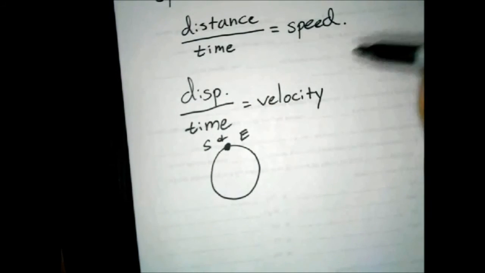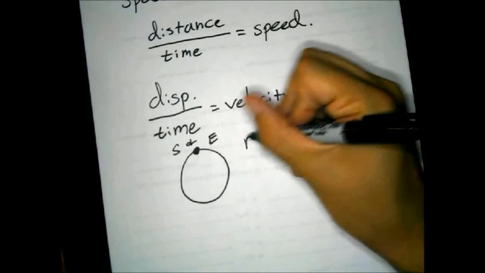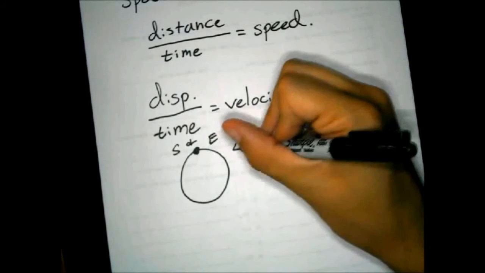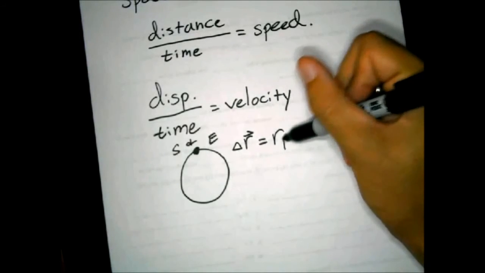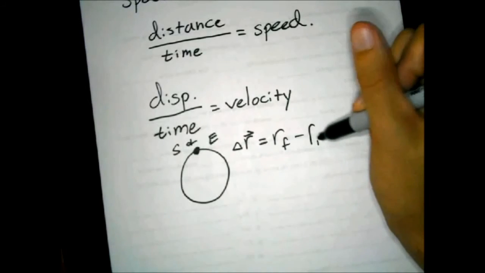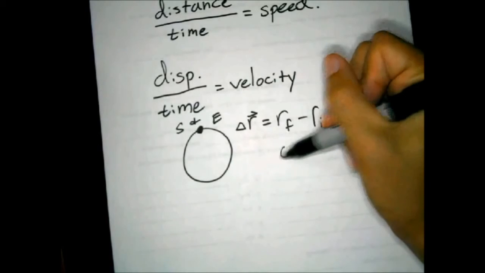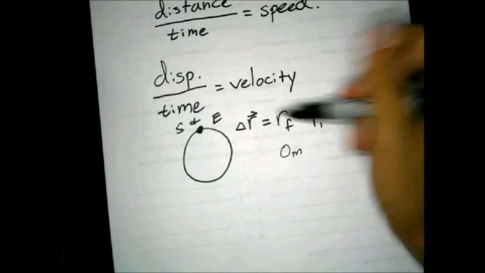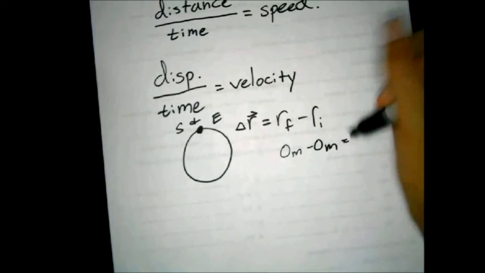What was my displacement? Well, remember, displacement is change in R. So final minus your initial. Well, if I started here, so if I started at 0, and I ended at 0, then my displacement is going to be 0.